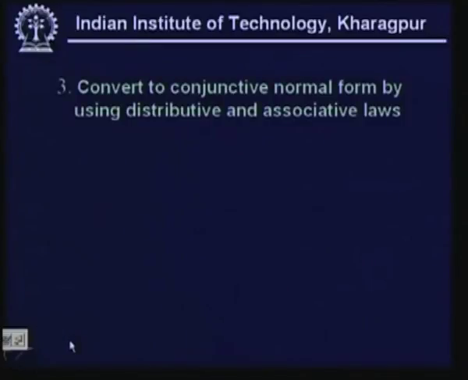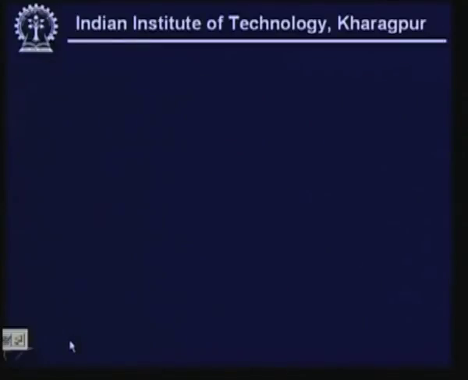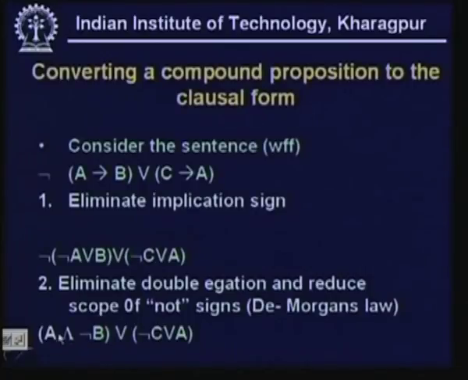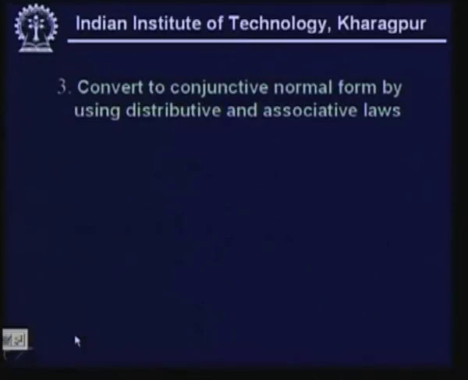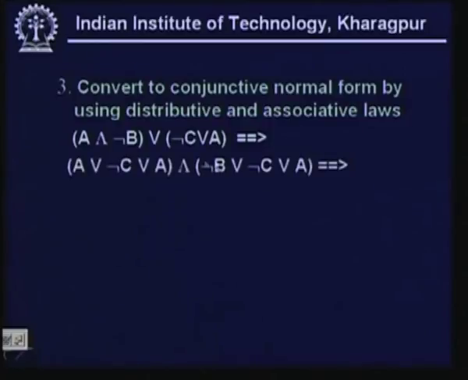The third step is, so what we got here is not a disjunctive normal form, there are some ANDs also here. So, as we go down, we will have to convert it to conjunctive normal form. I will first convert that to conjunctive normal form using these rules.